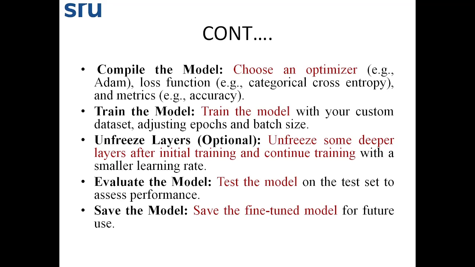Then we have to train the model with your custom data set, adjusting epochs and batch size. Unfreeze layers, optional. Unfreeze some deeper layers after initial training and continue training with a smaller learning rate. Evaluate the model, means test the model on a test set to assess performance. Save the model. Save the fine-tuned model for future use.